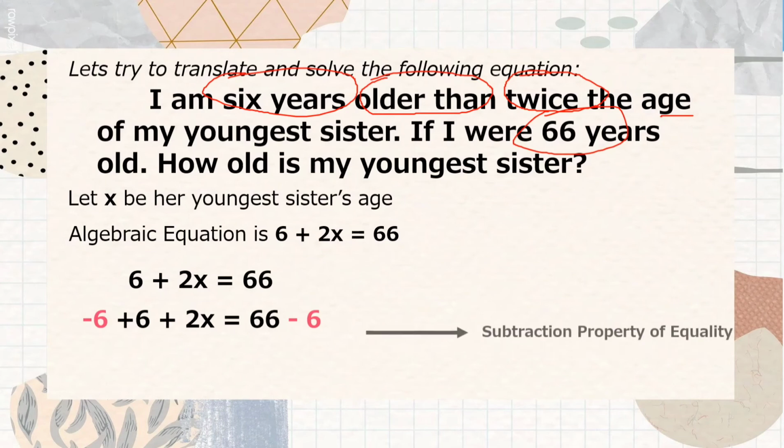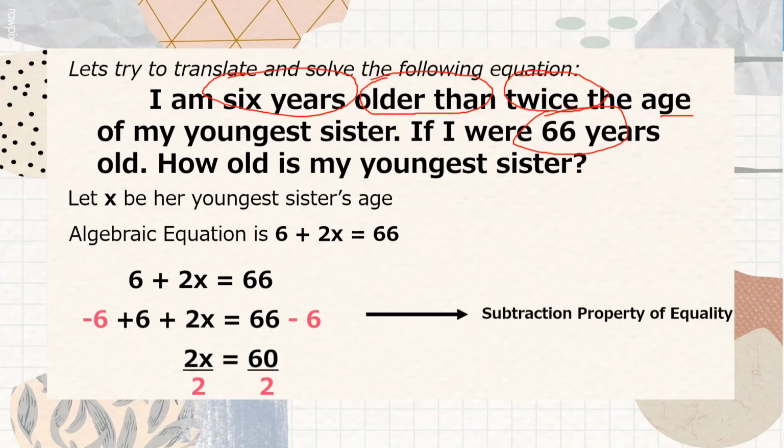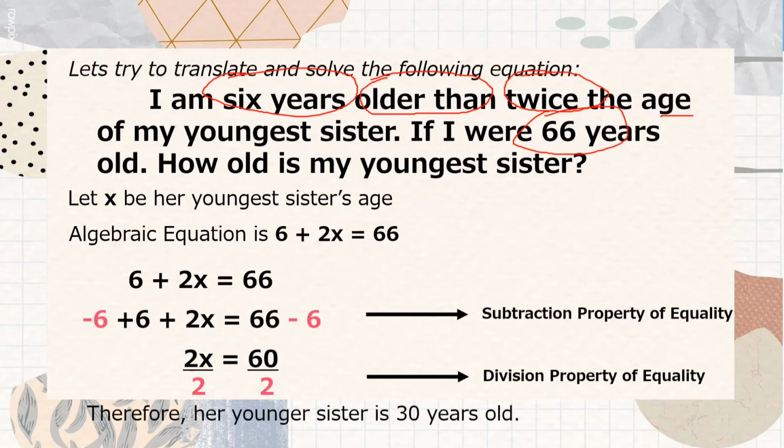After that, we are going to use the division property of equality. We will divide it by 2. Bakit? Kasi diba, ang 2x is considered multiplication. So gagamitin natin siya ng division, which is divided by 2 para ma-cancel out si 2.